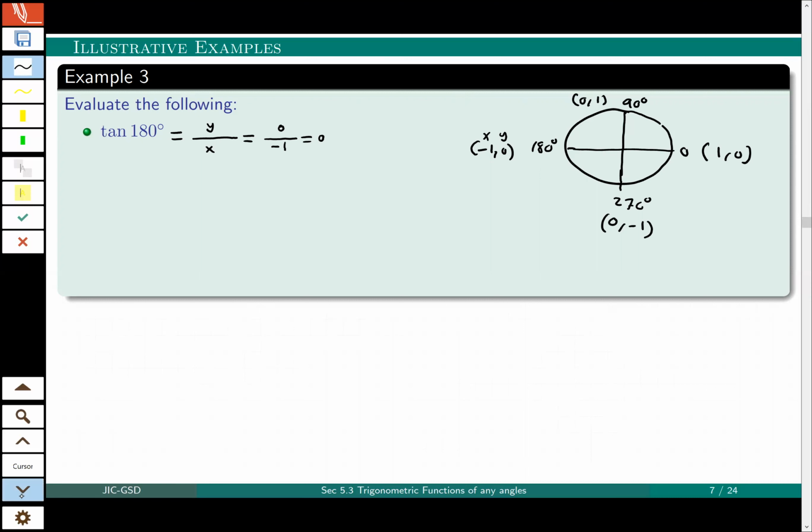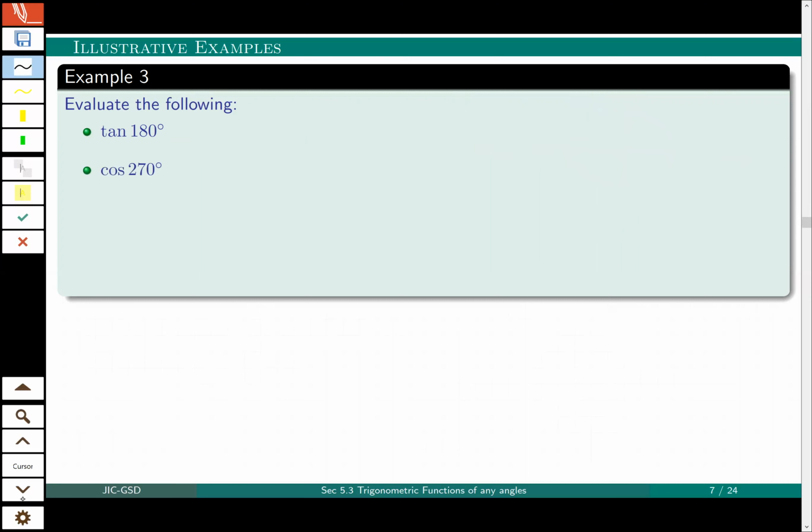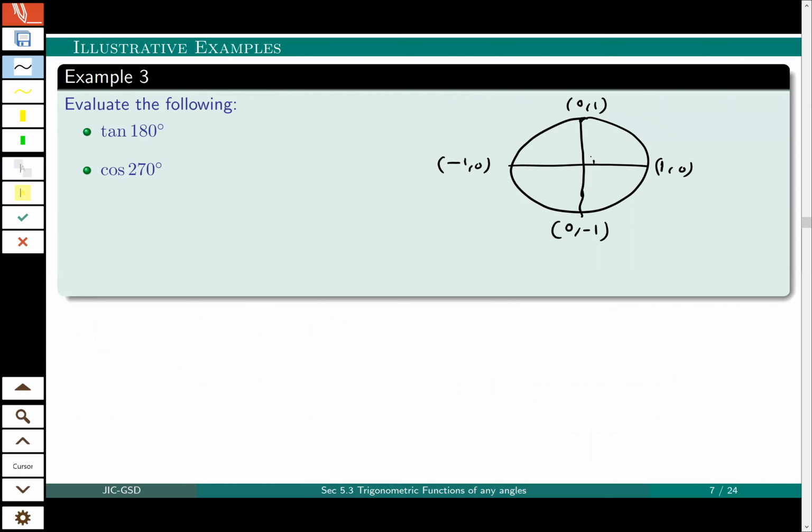Now, the next question, he said, what is cosine 270? Again, if we look in the unit circle, which has to be well written in our brain like our name. This is 0, 1. This is minus 1, 0. That's 0 and minus 1. This is, of course, the angle 270 degrees.